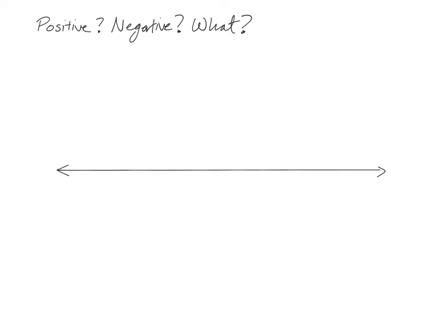Okay, so positive, negative, what? How can you tell if a function is positive or negative? Well, first I want to go over what it means for a function to be positive or negative. Then you should be able to tell. You all should know that way back at the beginning of learning about functions, we introduced a second variable and we called it y.